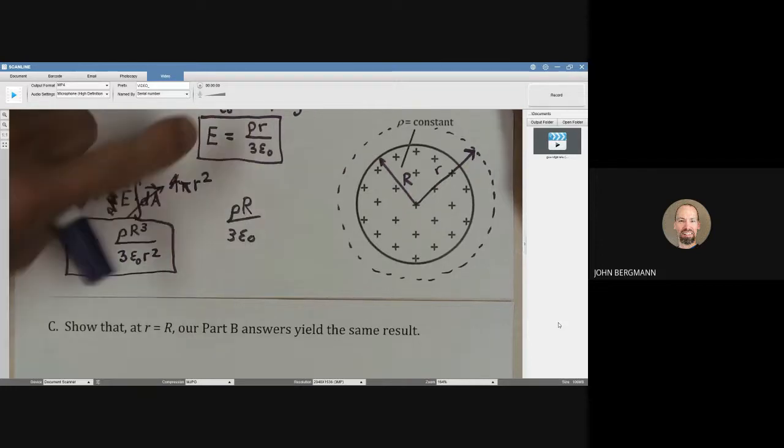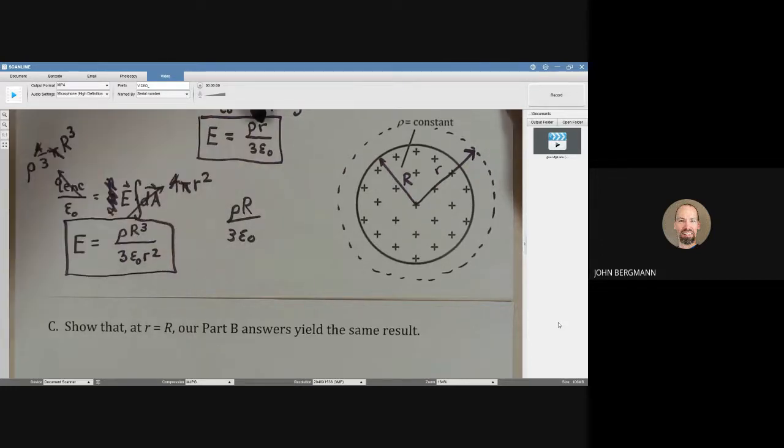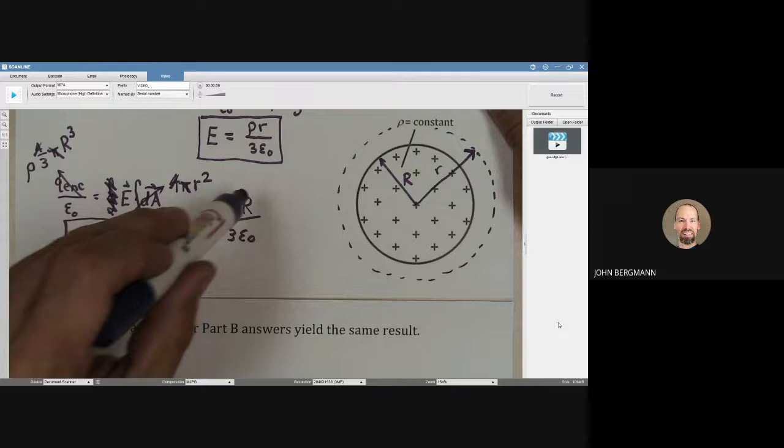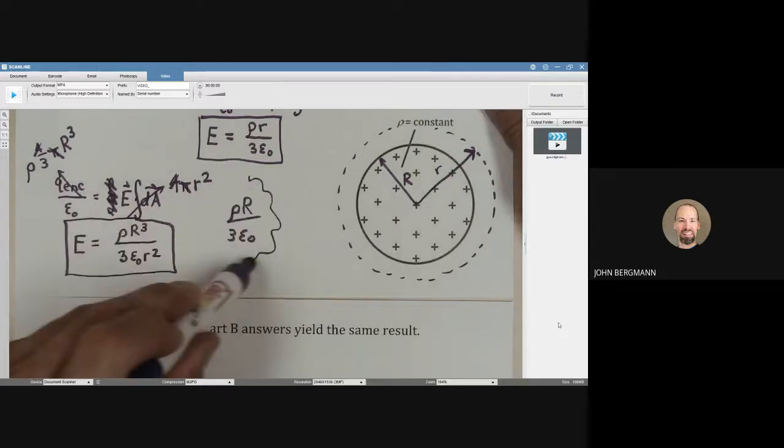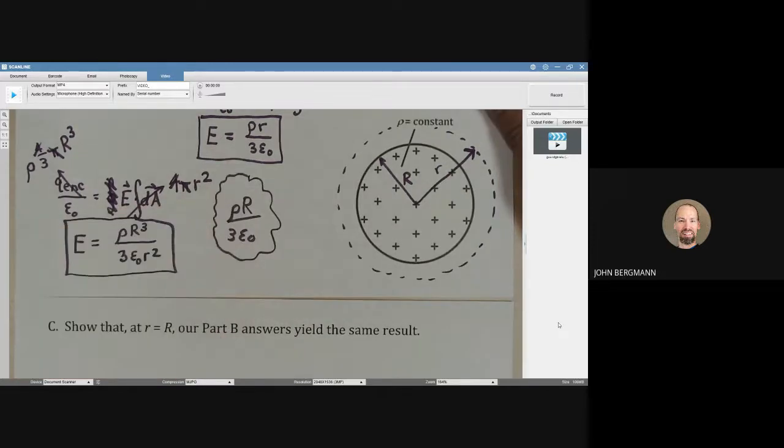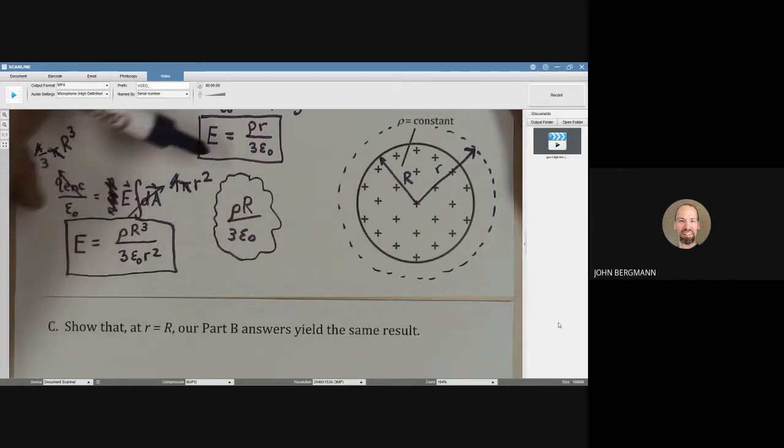If I put big R down here in the denominator, I've got big R squared, but in the numerator, I've got 3 of those big R's. Do you see this? I think we're onto something. We get the same answer at a value of big R for both of our cases, where they should agree, because that's where they meet up.